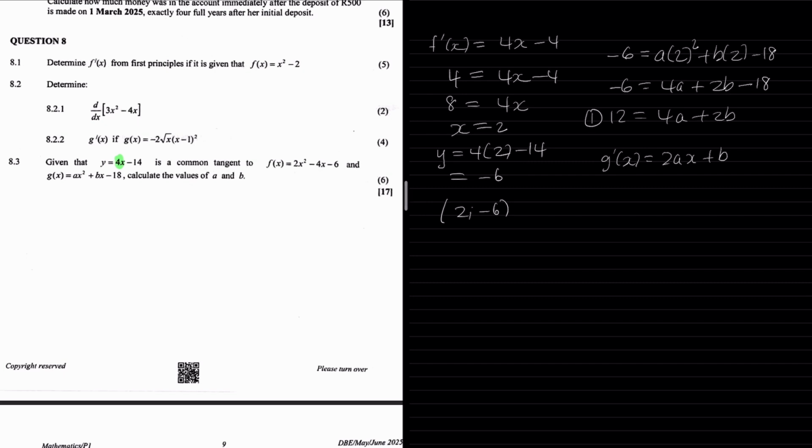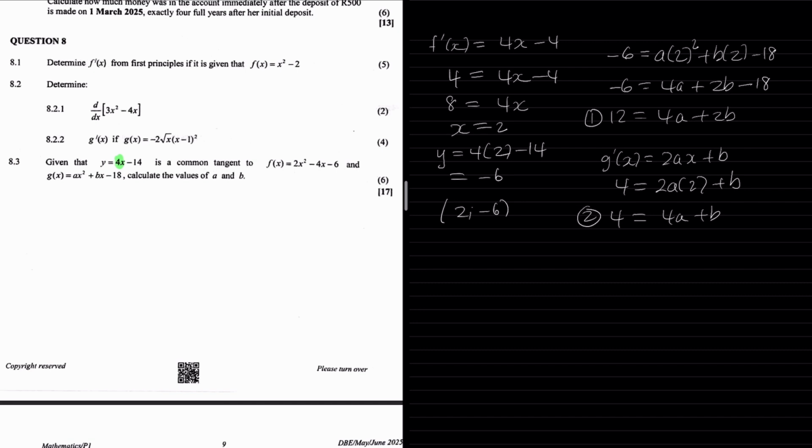And recall that's going to be the gradient of the tangent. And we know the gradient of the tangent is 4. So 4 is equal to 2a, and we know the x value again, so 2, plus b. Let's simplify. 4 is equal to 4a plus b. And so we have our two equations.